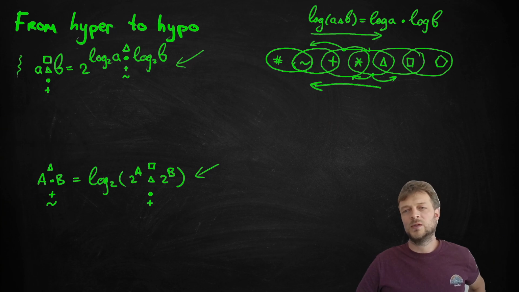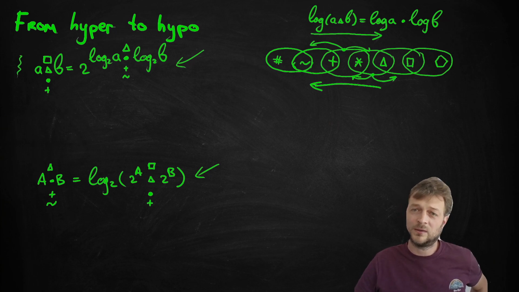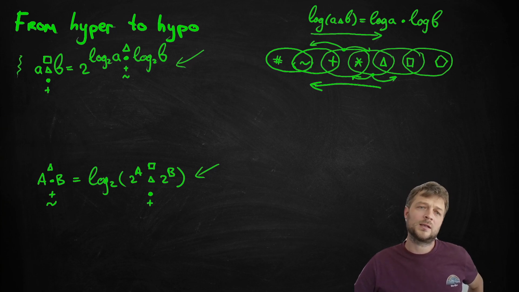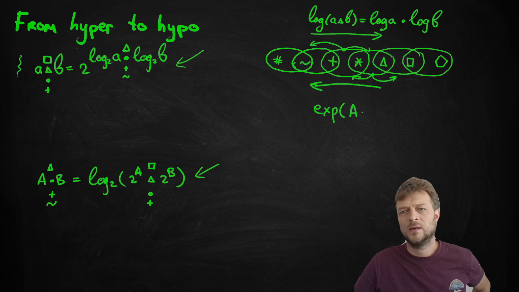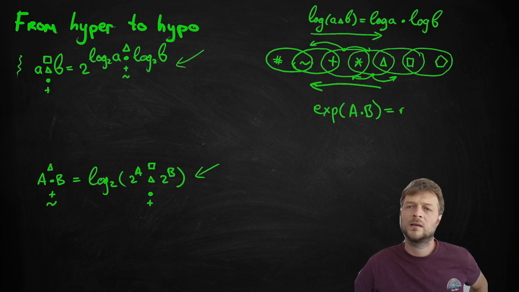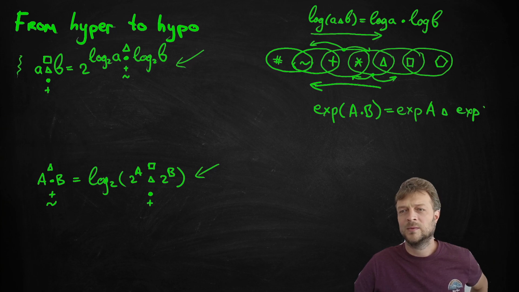Just a small change of notation for better visual symmetry of formulas. So if I take exp from both sides of this final bottom left equation, what do I get? I will get that exponent of a multiplied by b is equal to exponent of a triangle exponent of b.